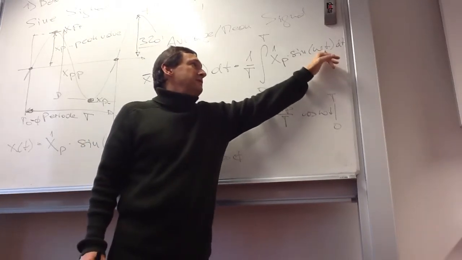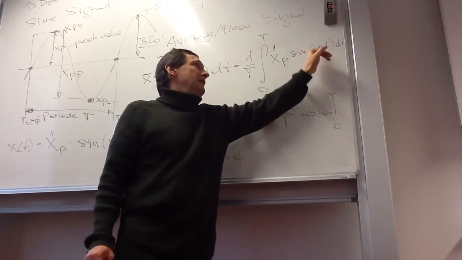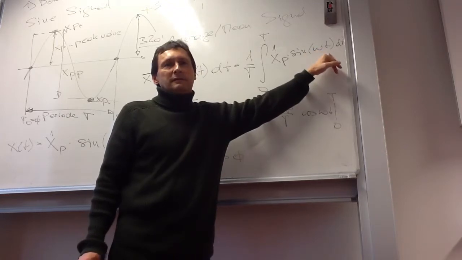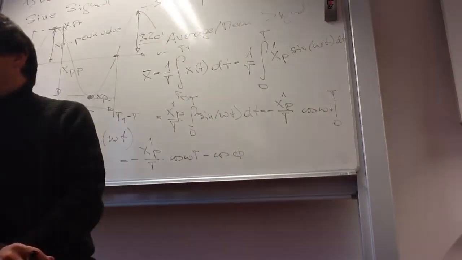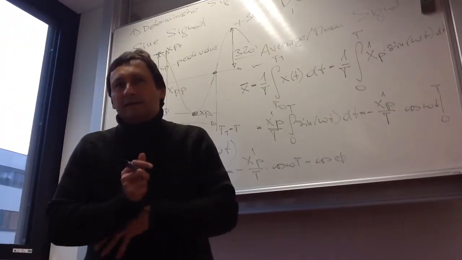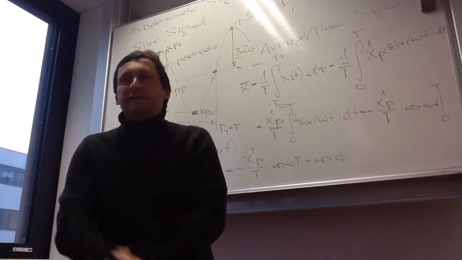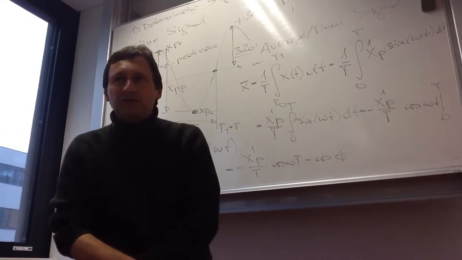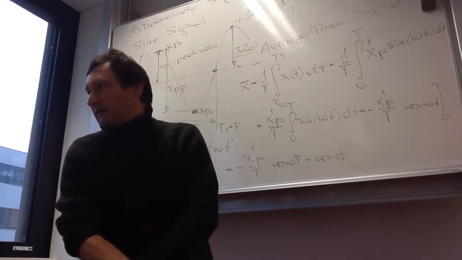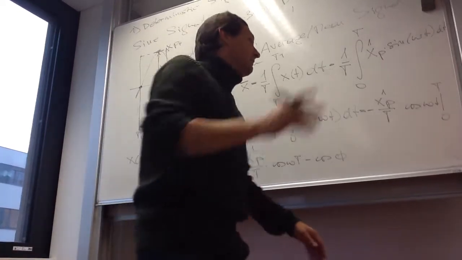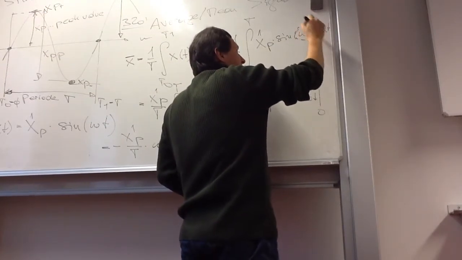We are integrating with respect to t, but our argument is omega t. So what do we have to account for? The inner derivative. If you are doing a derivation, then you multiply with the inner derivative. If you are integrating, then you have to divide by it. That means we have to divide by the derivative of our argument.